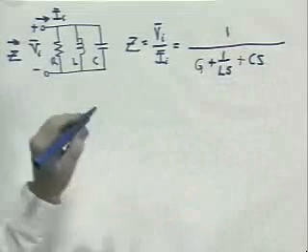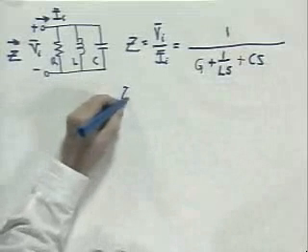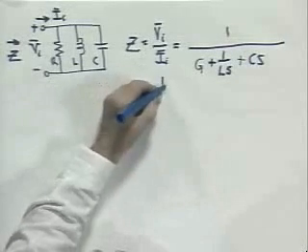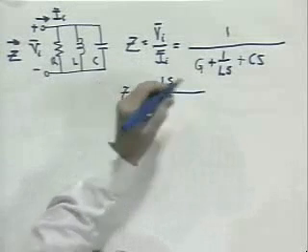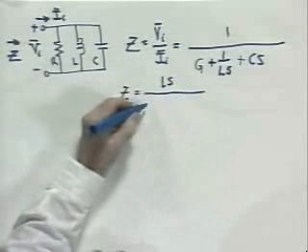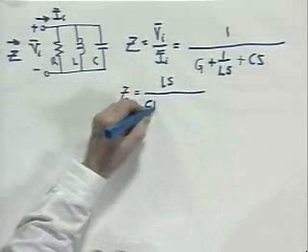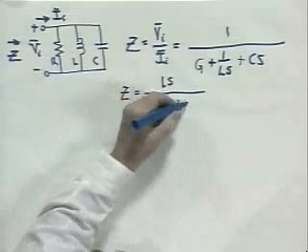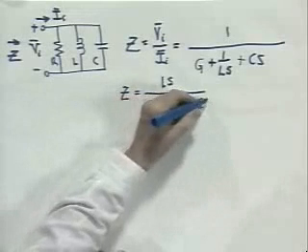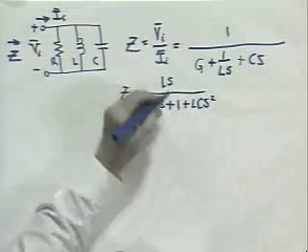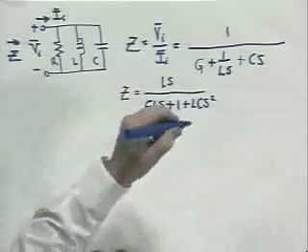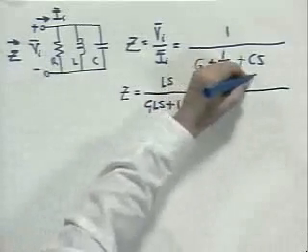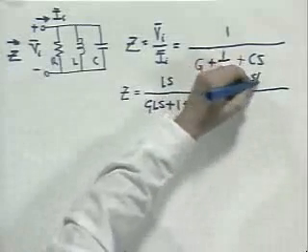If we clear of fractions, the impedance Z is Ls divided by GLs plus 1 plus LC s squared. And then if I divide through by LC, this becomes just s over C.